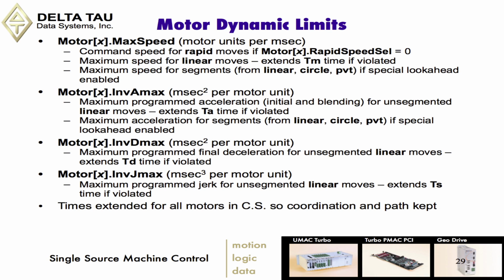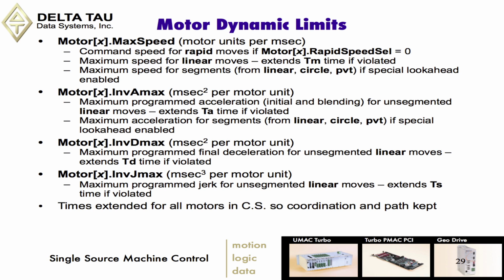So basically, if it's violated, it slows the move down or extends the acceleration time, or it slows the rate of acceleration or deceleration. And then if special look ahead is turned on and we're in segmented move, then linear, circle, and PVT moves will pay attention to this.